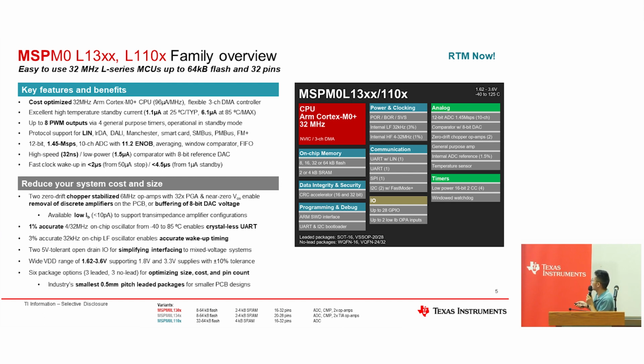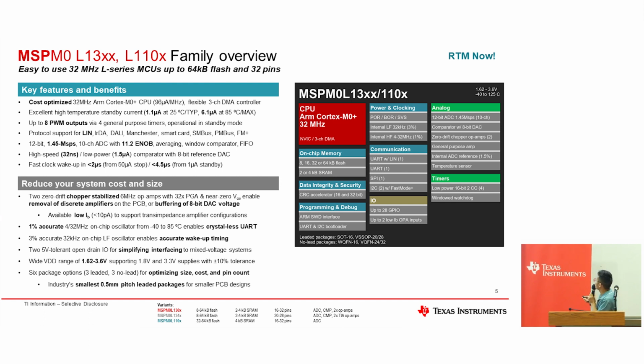The other thing I want to highlight is our analog peripherals on our device. First is the ADC. The key point of our ADC is that we can reach an ENOB of 11.2 bits. That is a very good spec compared with our competitors.